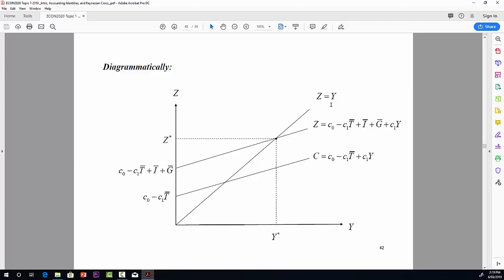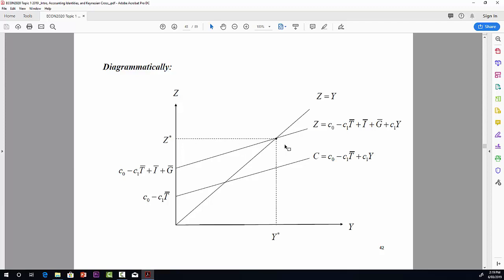So we get Z is equal to Y at this point, or Y is equal to Z, and Z is equal to this planned aggregate expenditure function. So where these two intersect, that's our equilibrium. This tells us what Y star is here and what Z star is here.